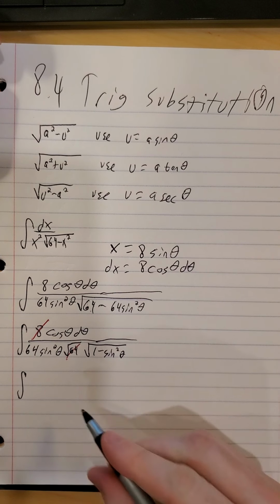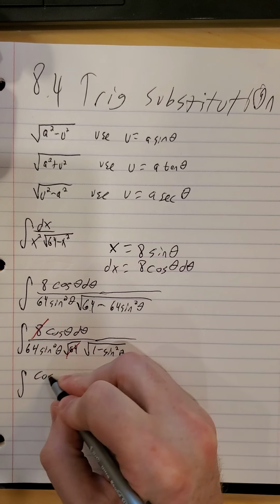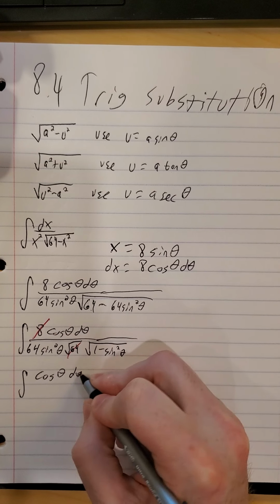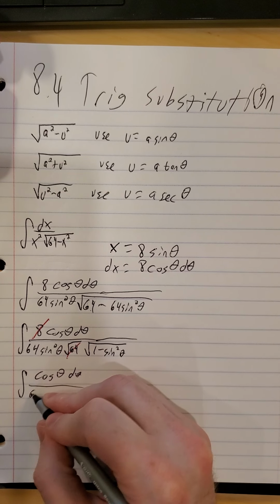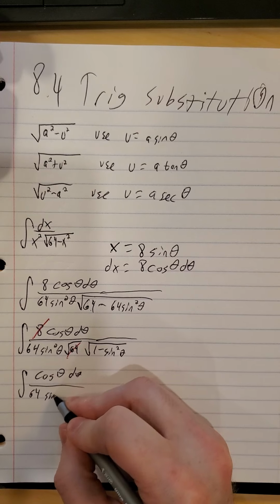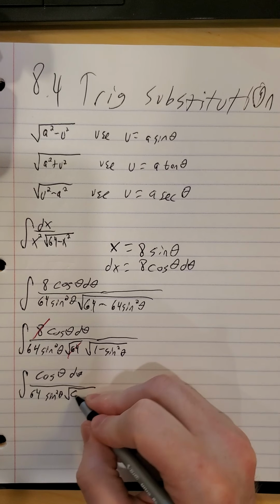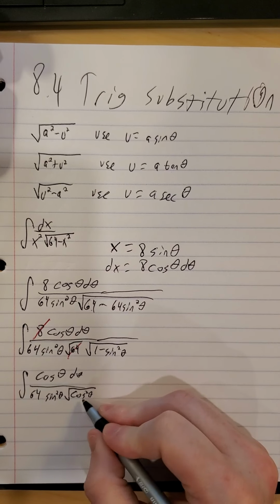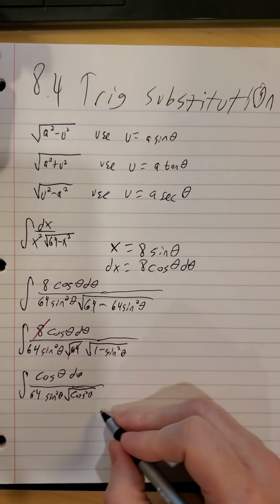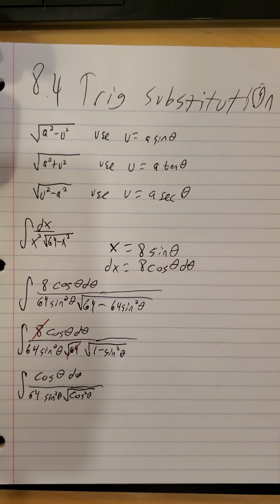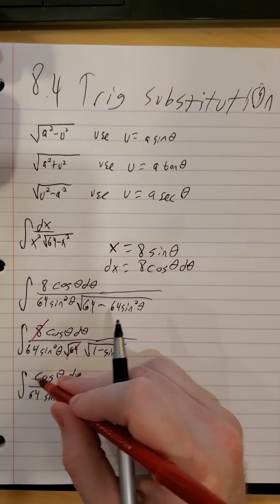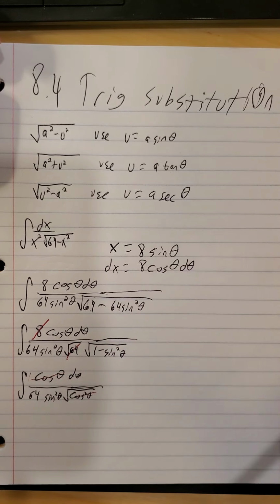Those will cancel. I've got a cosine theta d theta. We have a 64 parked downstairs. We've got sine squared theta. And we have square root of cosine squared theta. Square root of cosine squared theta is cosine theta. And cosine theta at the top, those two guys will cancel.